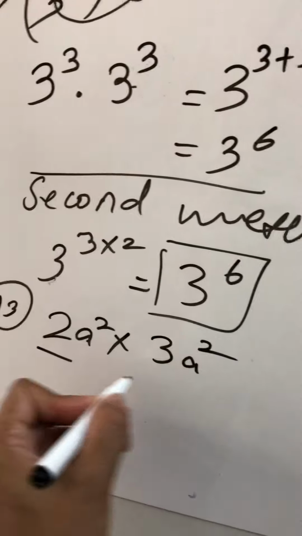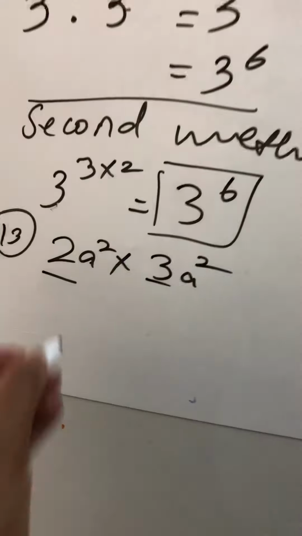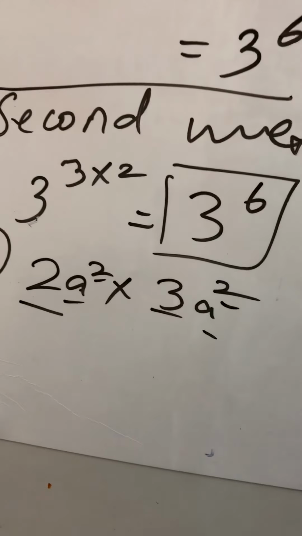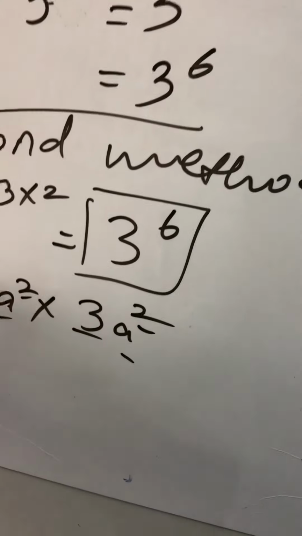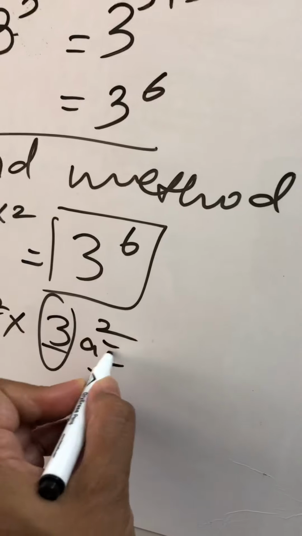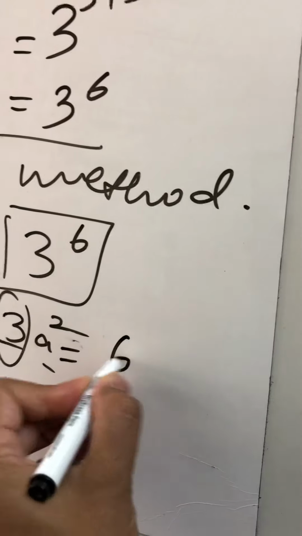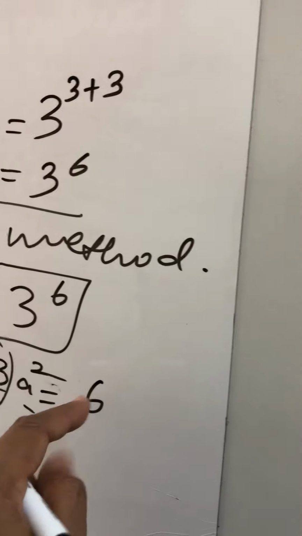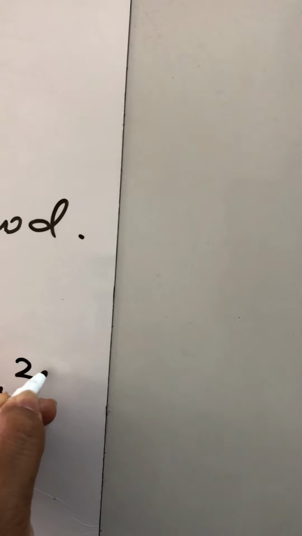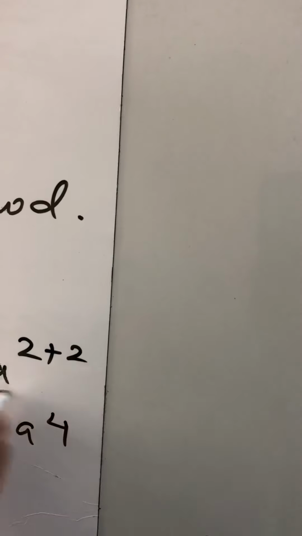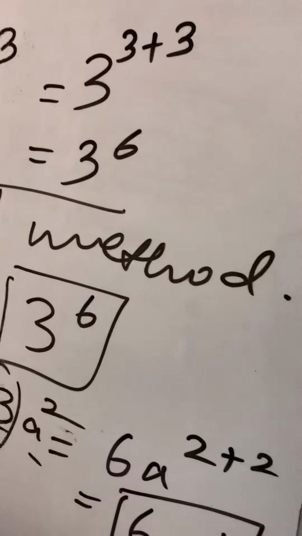Okay, so here we have a coefficient, a base variable, and a power of the variable, or the index of the variable. So we just multiply the coefficients directly, so we get 6, and a square times a square will be a raised to 2 plus 2, which equals a raised to 4. So the final answer for question 13 is this one.